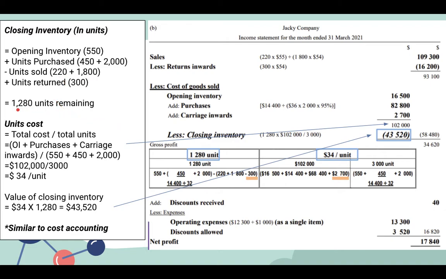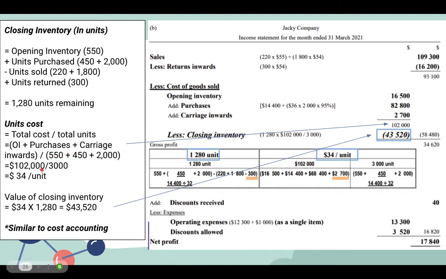Then we calculate, still have 1,280 units left. Then when we calculate the unit cost, you use the total cost divided by the total units. For the total units, it should use the point when our amount reaches the highest. That means after we have the opening inventory and purchases, how many units we have on hand when we have reached the highest number, which should be 3,000 units.